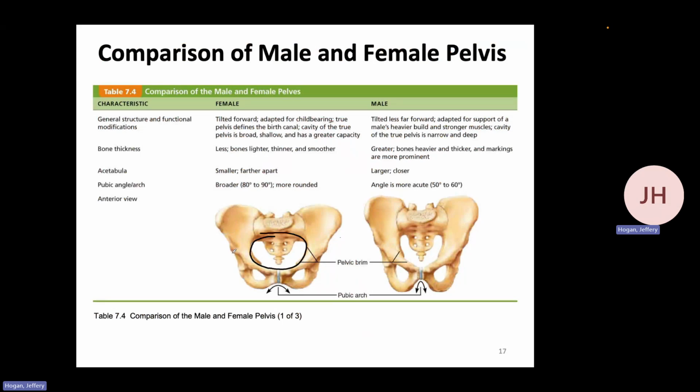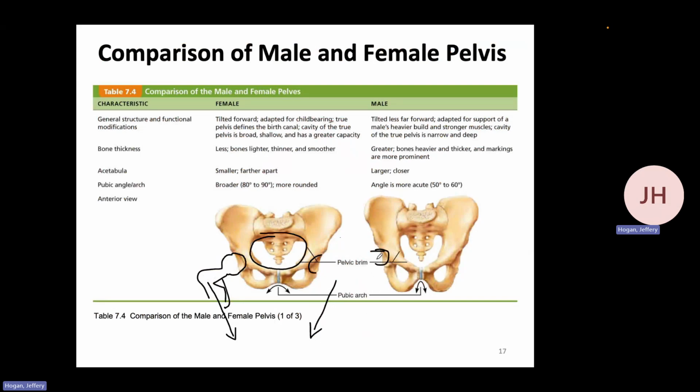The acetabula, the sockets here for the hips, are a little bit smaller to reflect the overall smaller bone size in females, and they are further apart. So if we were to draw a femur in here, this is going to have an effect of making the femurs hang a little bit down toward the middle because the hips are wider, whereas in the male pelvis, the hips are a little bit narrower.